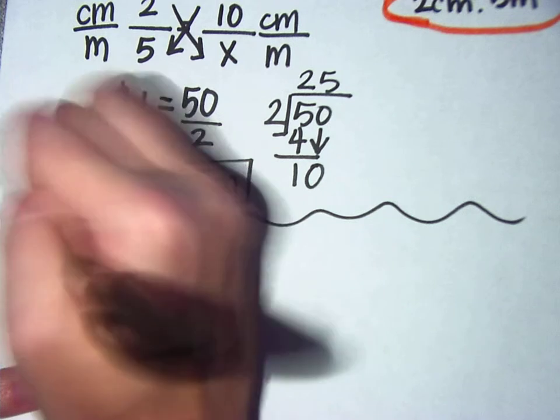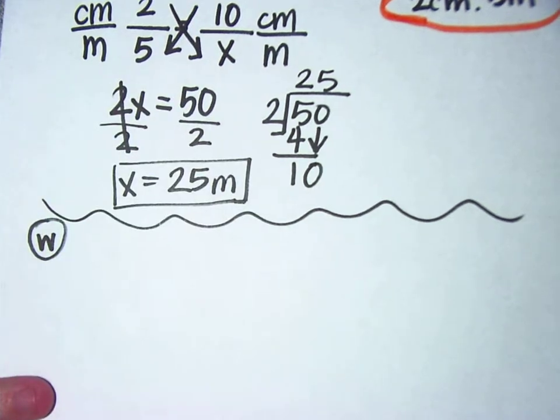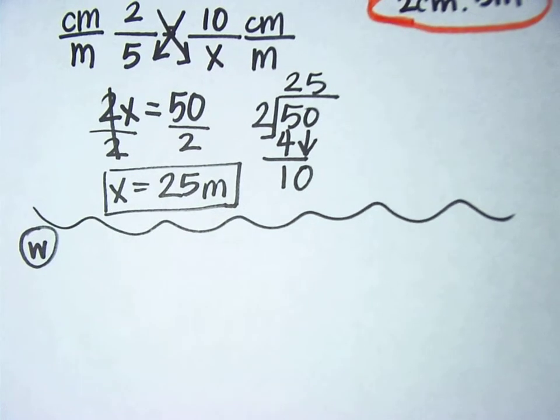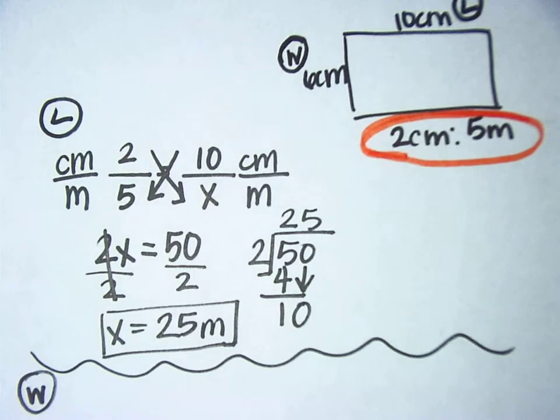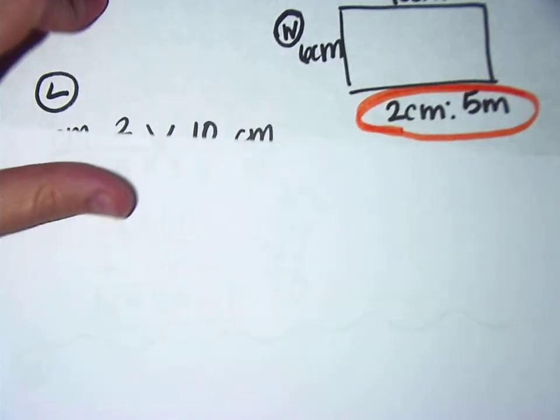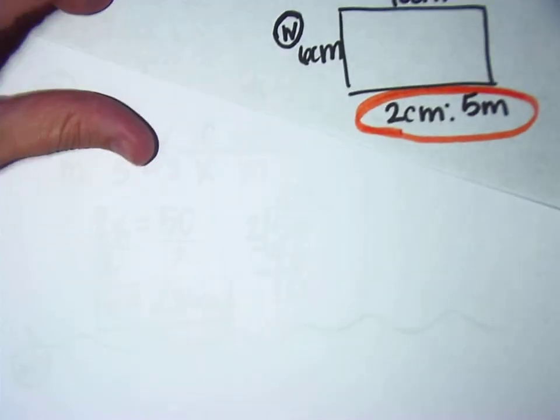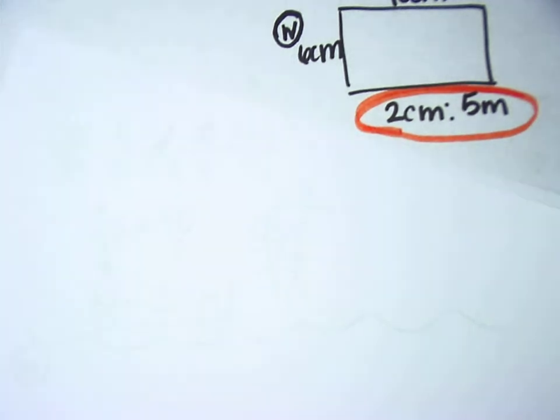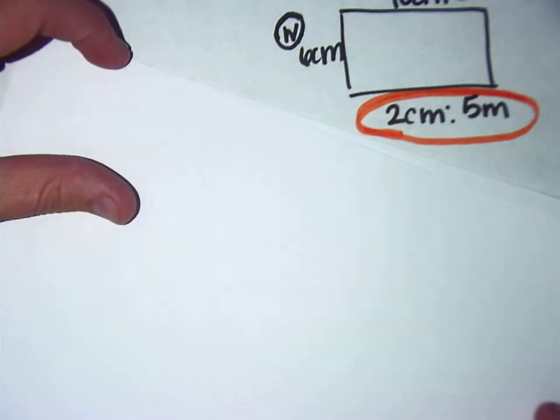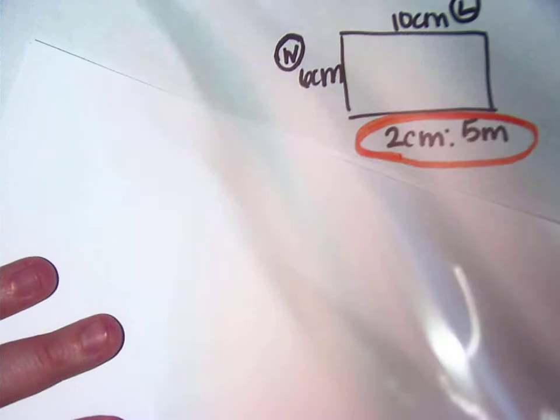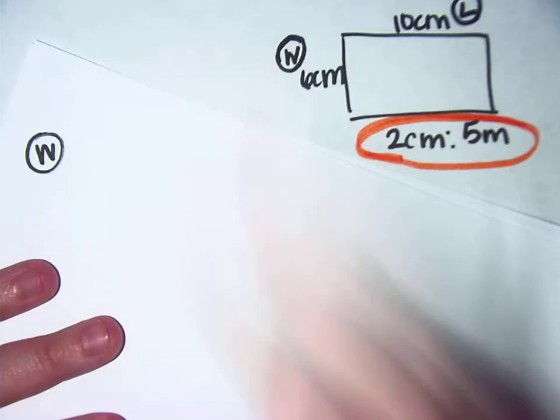So let's go ahead and do width. Okay. Actually, let me do this right here. I will just put another paper on top of it. There we go. That way we can work it out and you can still see my picture. Alrighty, there we go. So this is my width, okay?